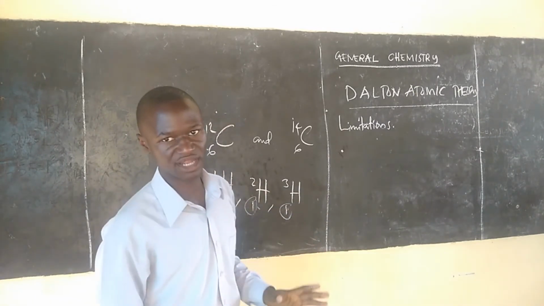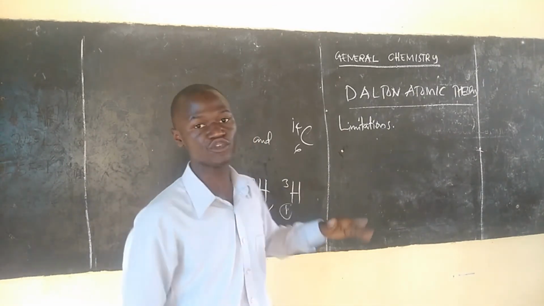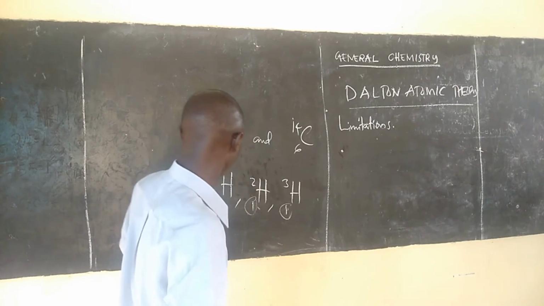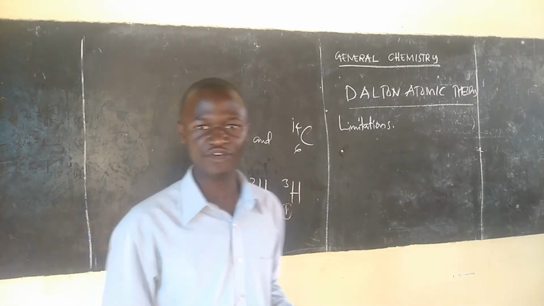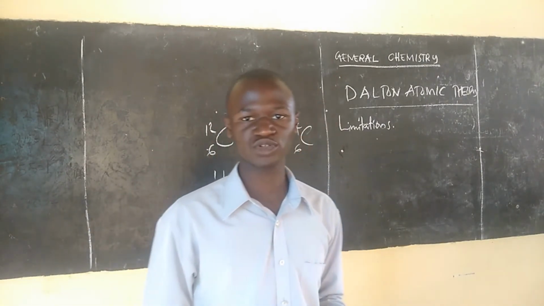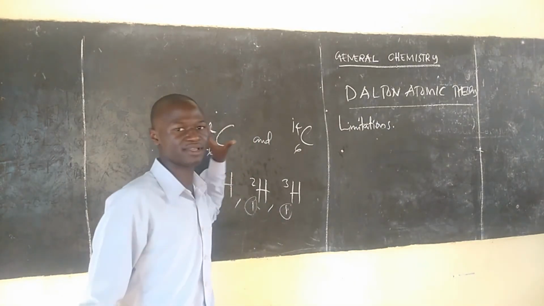The difference in mass number is caused by the difference in the number of neutrons. As we know, atomic number is equal to the number of electrons and is equal to the number of protons. So why are the mass numbers different?